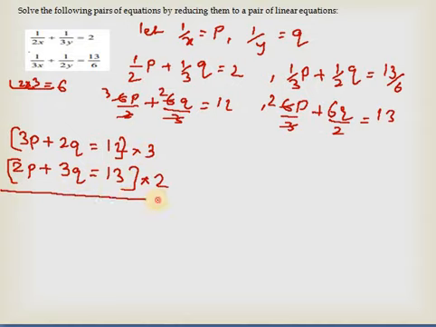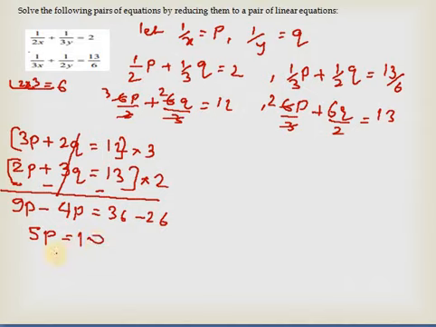Since they both have the same sign, we perform subtraction. 3 into 3, 9p minus 2 into 2, 4p, and the 6q minus 6q got cancelled, 39 minus 26. So how much? This is 5p is equal to 10, so p is equal to how much? 2.